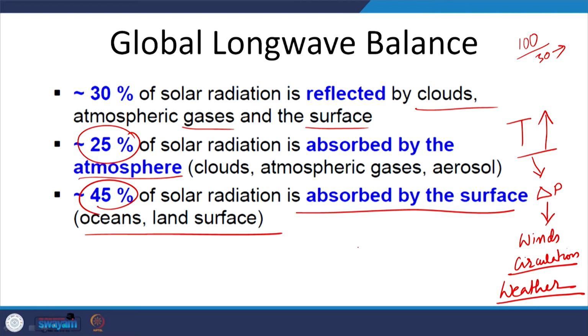That means it will increase the temperature of the atmosphere. The remaining 45% is absorbed by the surface, so the surface also gets heated up. Anything that absorbs radiation will get heated up. So, surface temperature increase is caused by this 45%, and atmospheric temperature increase is caused by this 25%, as simple.